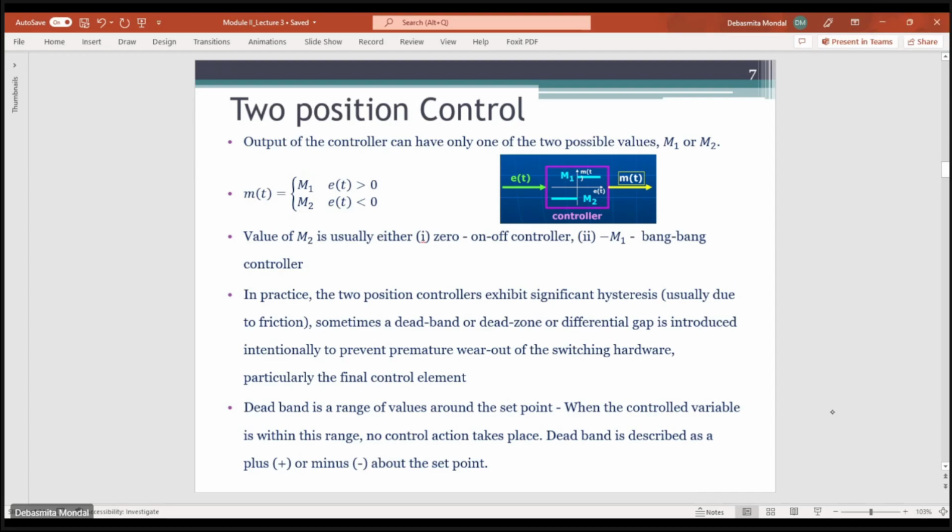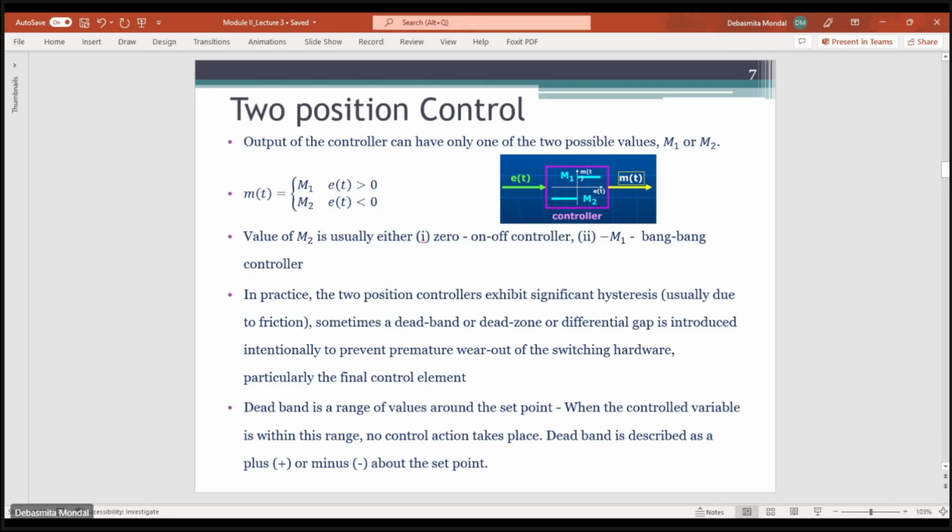Usually in an on-off kind of controller, the most common thing is that the value of M2 is considered as 0. So if the actuating error is greater than 0, then the controller will produce a signal such that the control element that is present in the next stage is open by 100%. So it's completely open.